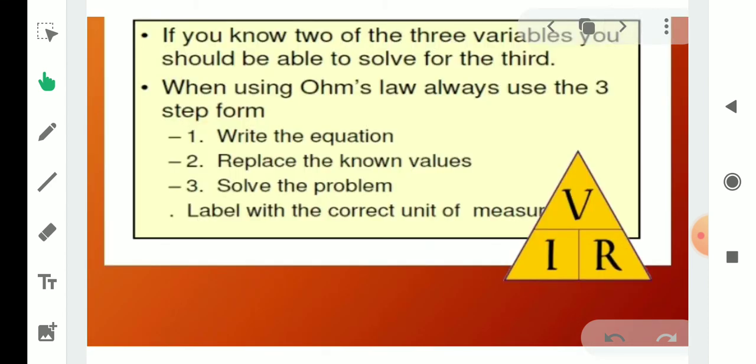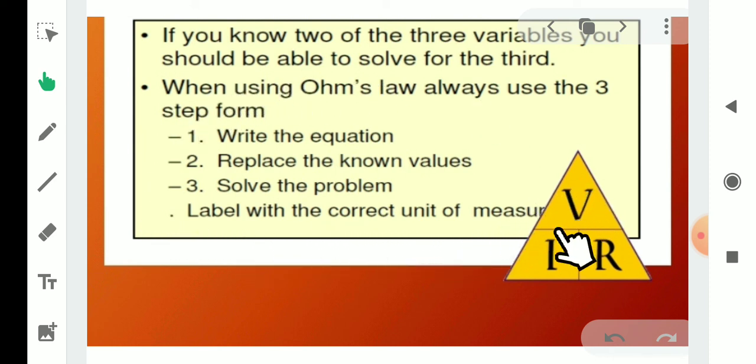Okay. Yes. If you know 2 of the 3 variables, you should be able to solve for the third one. When using Ohm's law, always use the 3-step form. That is, write the equation, replace the known values, solve the problem, and label with the correct unit of measurement. If you remember this, you can easily solve the problems of Ohm's law.